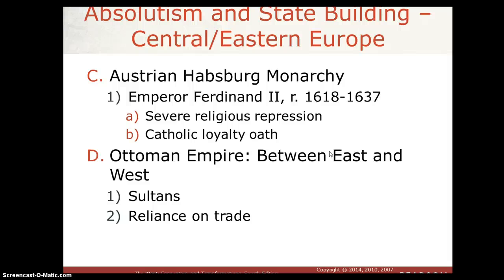Okay, so they were not able, though, to really formulate an absolutist state in the way that they would have liked. Now, on the map, if you were looking, you would see that they are very close to the Ottoman Empire.